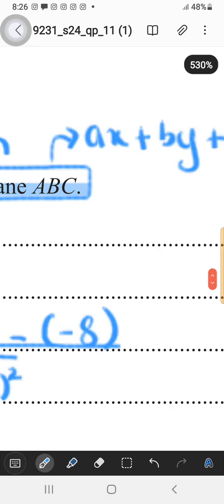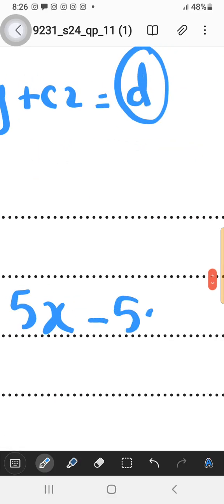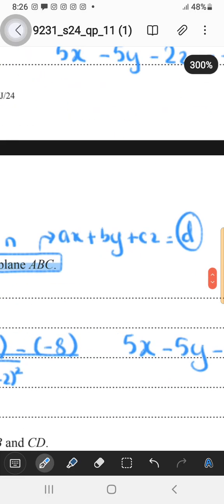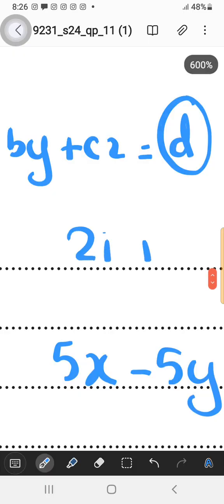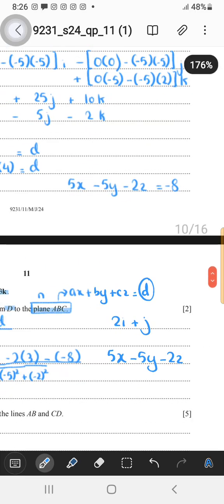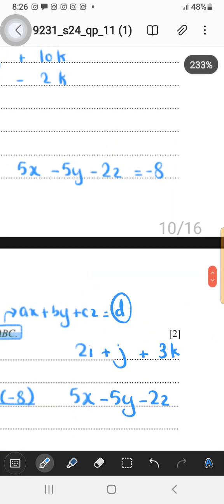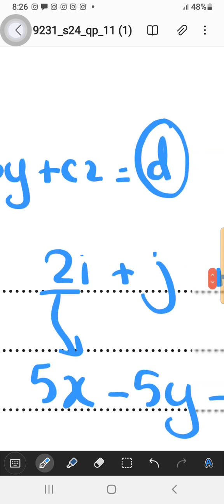So what we did, listen, there was 5x minus 5y minus 2z, and we have the point, what was the point, 2i plus j plus 3k. What is the number with i? The number with i is 2. We inserted it instead of x. What is the number with j? Here is 1. We inserted 1 instead of y.